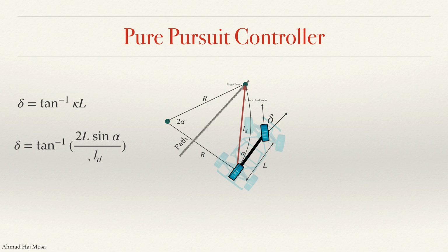Before I move to the Unreal modeling, this is how we calculate our steering angles. We need to find the target point, we need to know the path, and we need to calculate alpha. Then L is known, and we need to calculate LD. Then we can get the steering angle.